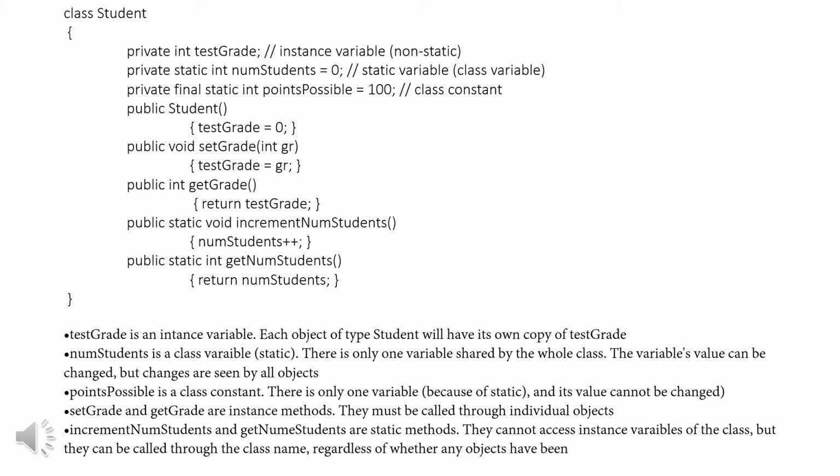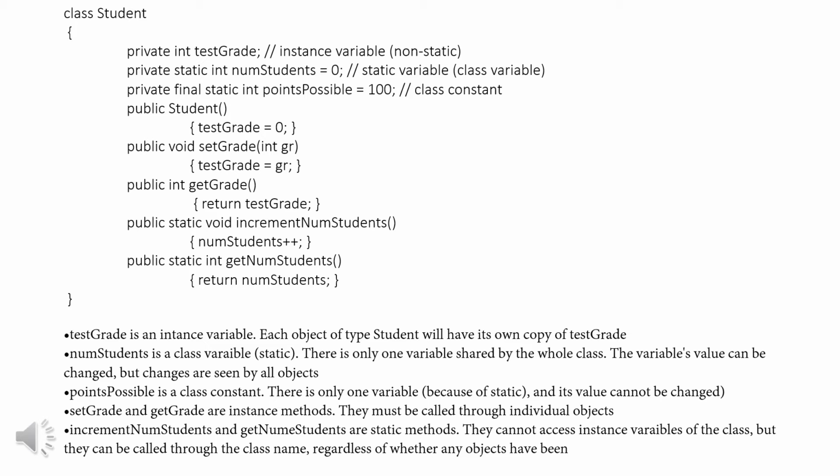Then I have some methods. The first one is the constructor Student. The second one is public void setGrade, right? This method is an instance method. So when I create one object, right, then this method can be called.